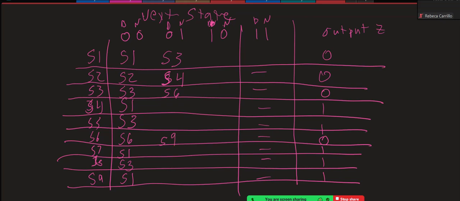I think those are the only ones that we said what would happen if you put a nickel in. Y'all can check me on that and see if that's right. And then the only ones we said what would happen if we put a dime in are S1 we said would go to S2, S2 we said would go to S5, S3 we said would go to S7, and S6 we said would go to S8.